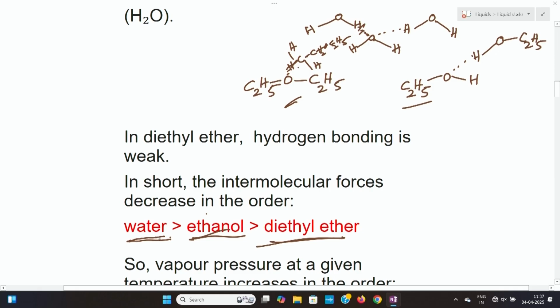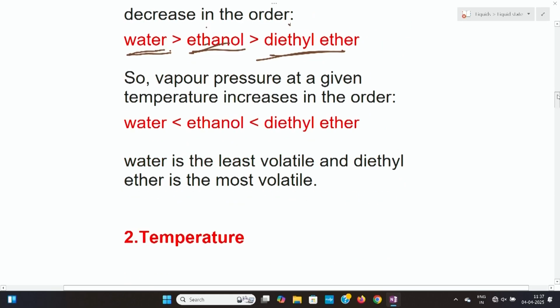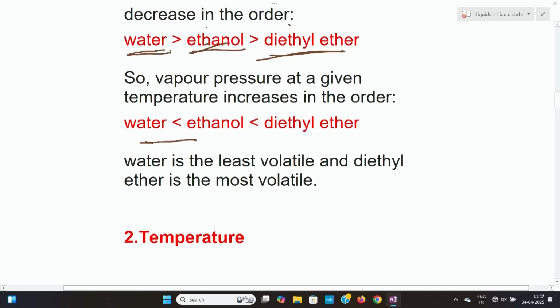Water is very difficult to evaporate compared to ethanol and diethyl ether. So, the order of the vapor pressure of these liquids, water, ethanol and diethyl ether, is the reverse of the order of the intermolecular forces. That is, water is less than ethanol, which is also less than diethyl ether. Therefore, we can say that water is the least volatile liquid, but diethyl ether is the most volatile liquid.